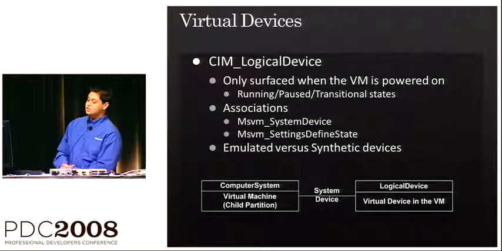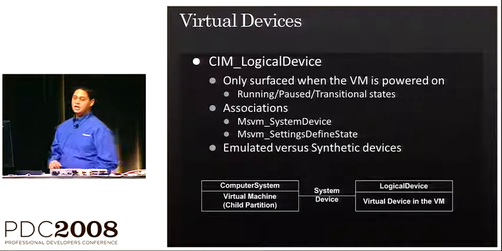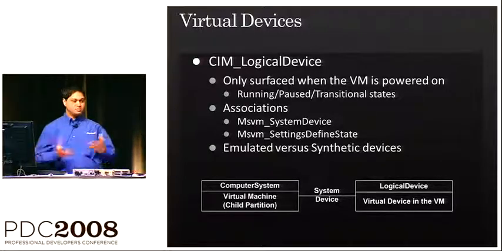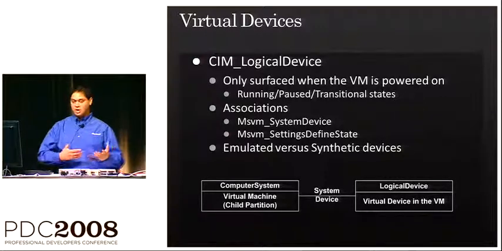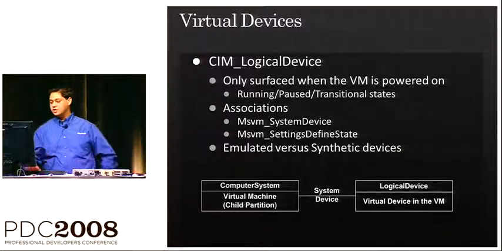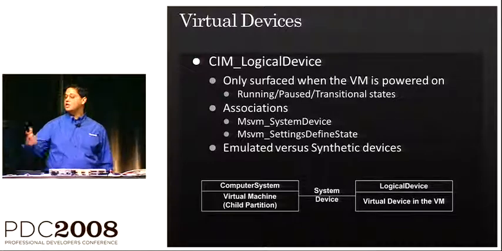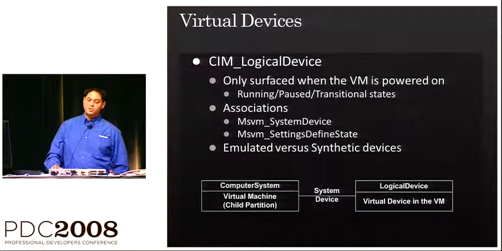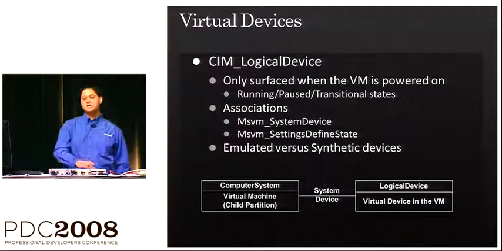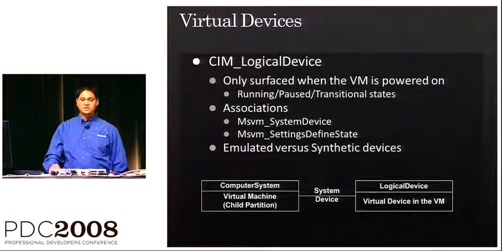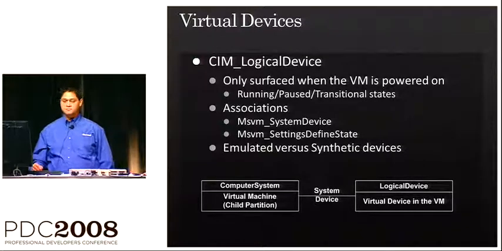The associations with the logical device, the first one, as you can see on the bottom there, is system device. System device basically associates it with a particular virtual machine, so you know what virtual machine that device is running in. And the second one is the settings-defined state, which associates the logical device with its current settings that describe how that logical device is configured in the VM.